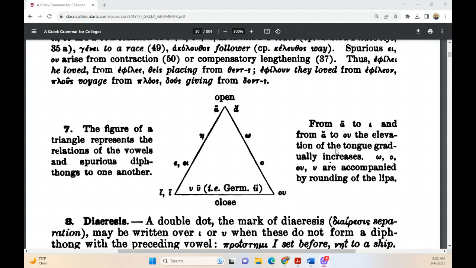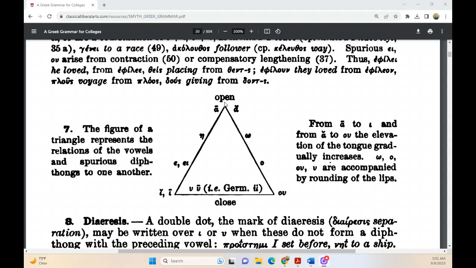Note also this note on the right here. From long alpha, up at the top of the diagram, to iota, which is down at the bottom of the left side of this diagram, from alpha to iota, and from short alpha down to the diphthong omicron upsilon, the elevation of the tongue gradually increases.